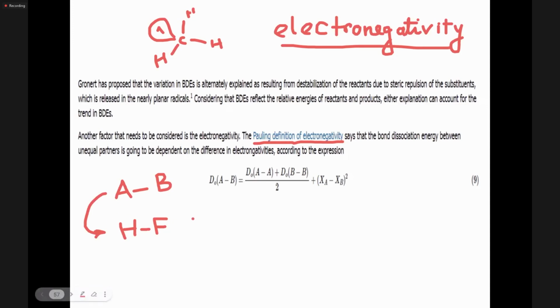So if we calculate the D0 value of HF, then according to this equation, it will be half of the addition of the D0 values of AA and BB.